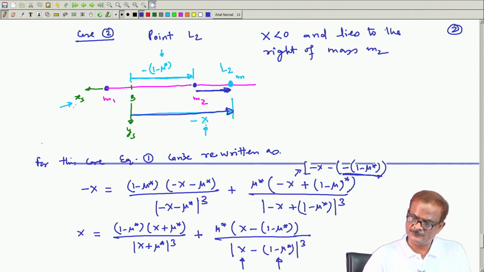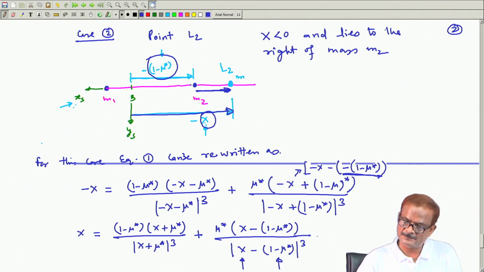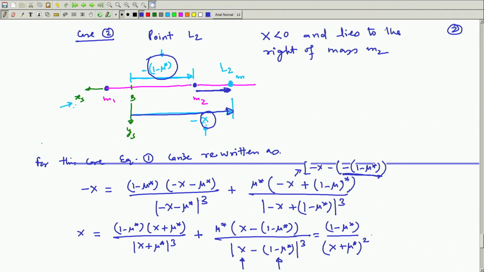Similarly, this is 1 minus mu star, also a positive quantity, because magnitude wise this x is greater than 1 minus mu star. So, we can break the mod sign and write it like this: 1 minus mu star divided by x plus mu star whole square, plus mu star divided by x minus 1 minus mu star whole square.